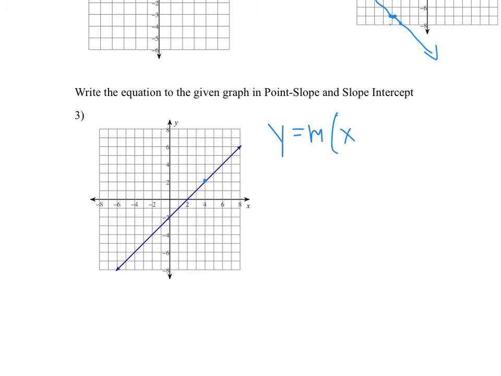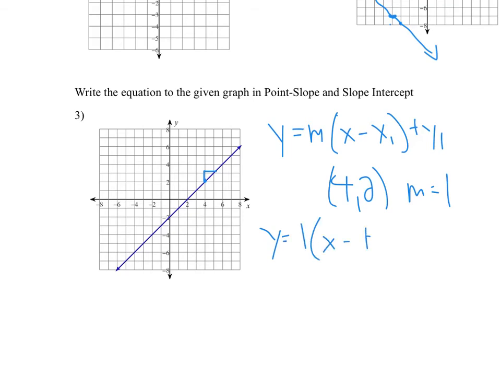And that's (x minus x1) plus y1. So the point we're using is (4, 2). And then our slope, we just start at this point and count up and then over. So then our m, our slope in this case, is just 1. So we get y equals 1(x minus 4) plus 2. Which can just be written as y equals (x minus 4) plus 2.